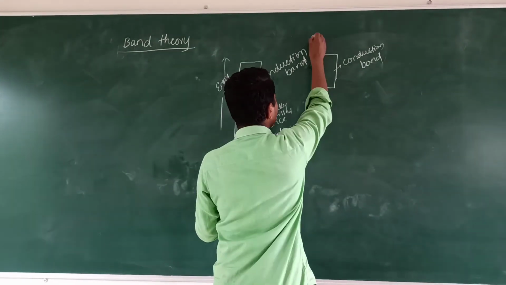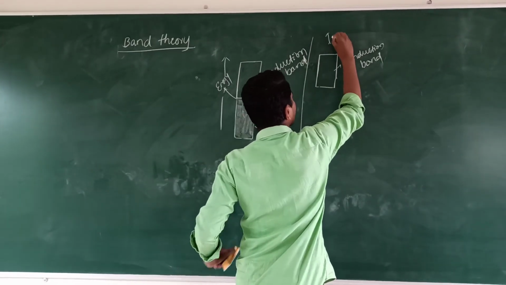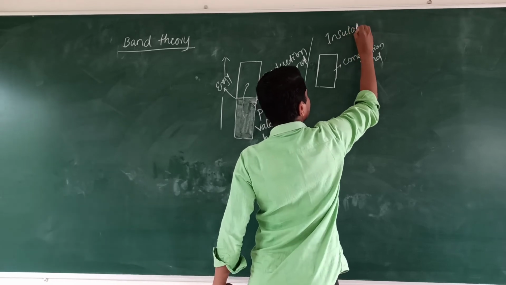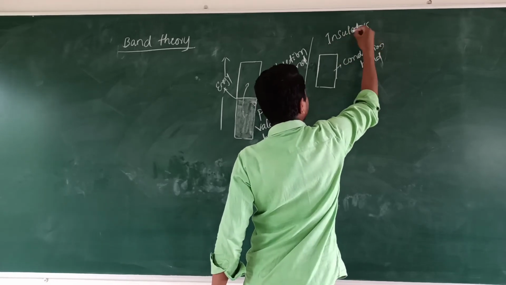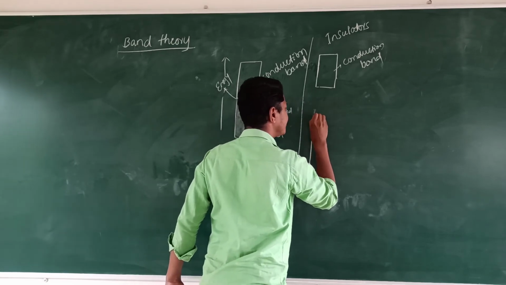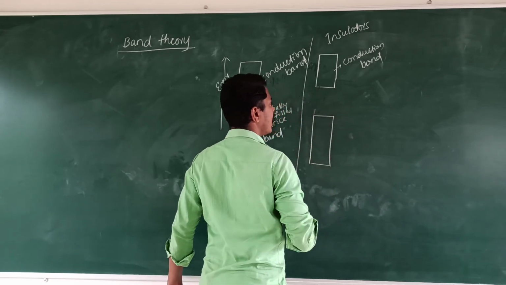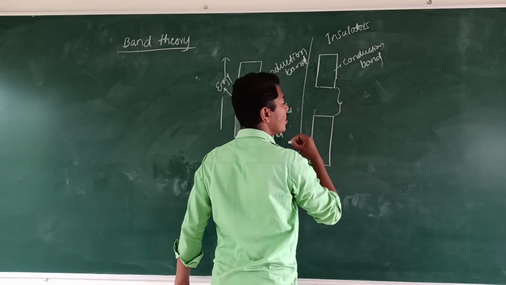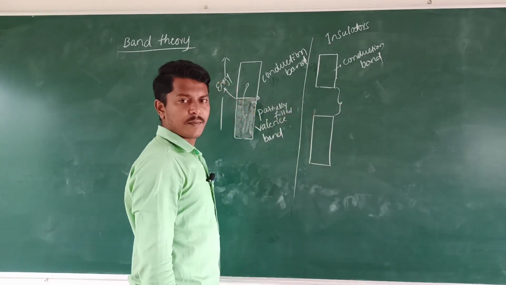But in case of insulators, the conduction band and the valence band have a large energy gap.